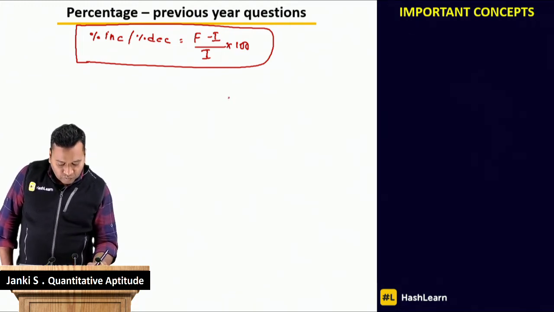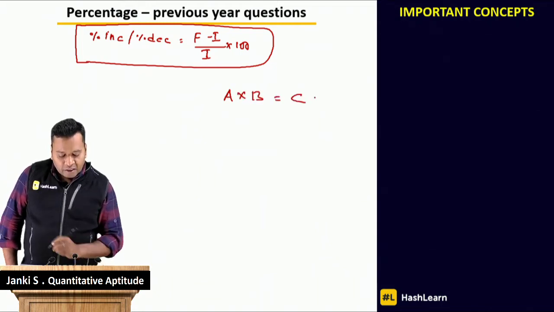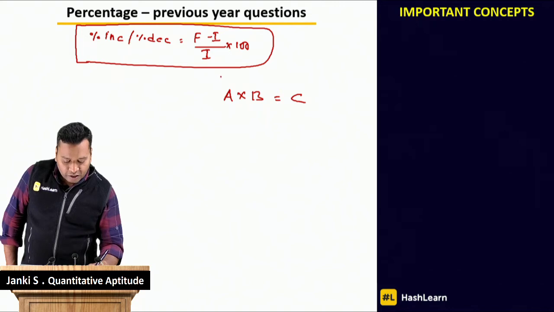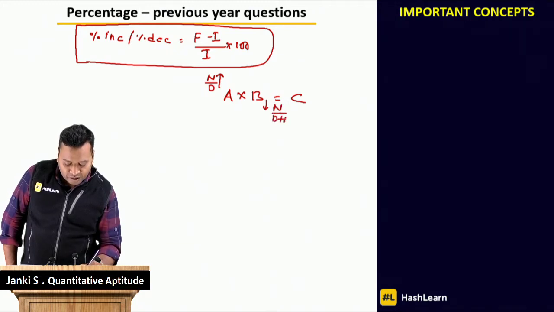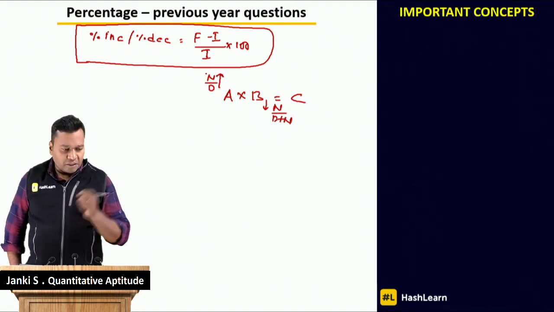Then if the product of two things remains constant, or if I'm comparing two things, if I have an increment in terms of numerator by denominator, my reduction should always be in terms of numerator divided by denominator plus numerator, where this is in terms of percentage. So the percentage is calculated in terms of fraction, as we have seen earlier.